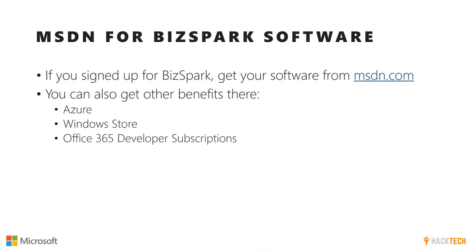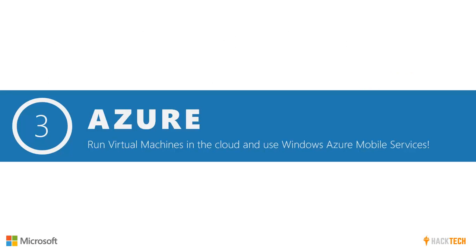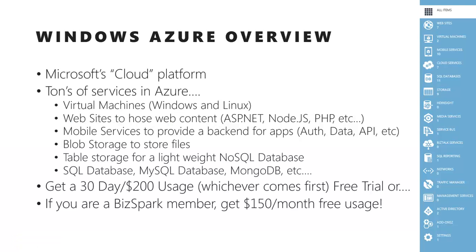In this next section, we're going to take a look at Windows Azure. And I mentioned this earlier, but Azure is our cloud platform, and I think there are some extra useful services for hackathon participants, for example, at HackTech, that can really help you leverage the cloud to speed your projects along. But as I said, Azure is our cloud platform. There's a ton of services that you can use. We've got virtual machines, websites, mobile services, blob storage, table storage for a NoSQL database type thing.